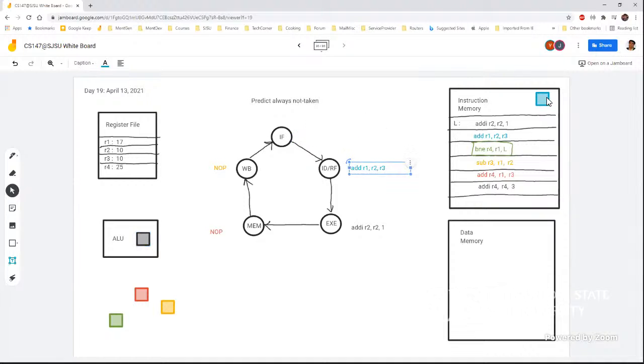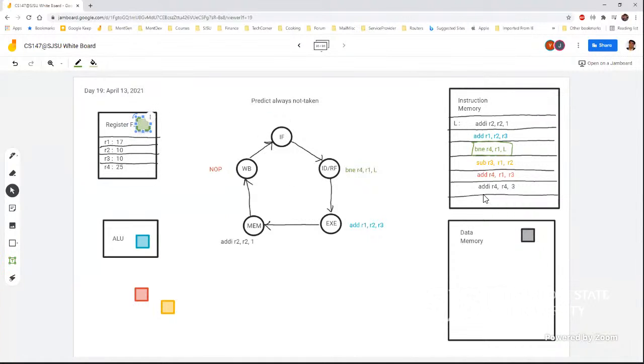This guy will move to RF, and this instruction will be fetched. Next cycle, this is gone. This moves to write back. This goes here, this goes here, this goes to ALU. This one goes to RF.